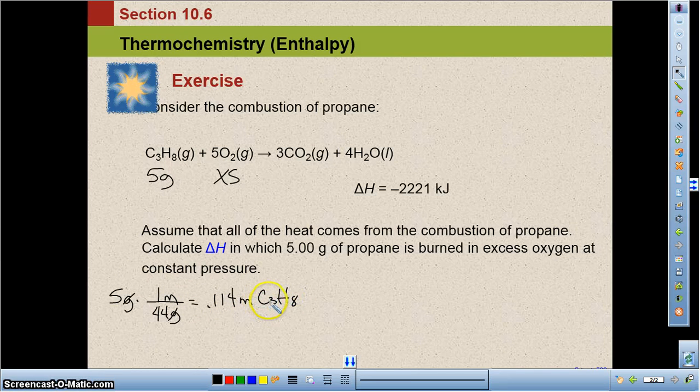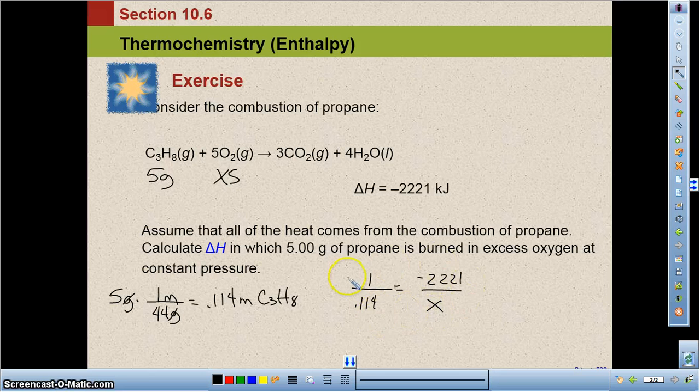This reaction says that in order to get this, I have to burn 1 mole of propane to get 2,221 kilojoules given off. I don't have 1 mole, I have 0.114. So let's do a ratio. So 1 mole of C3H8 is to 0.114, as 1 mole is going to give off 2,221 kilojoules, and I want to know how many kilojoules this is going to give off.